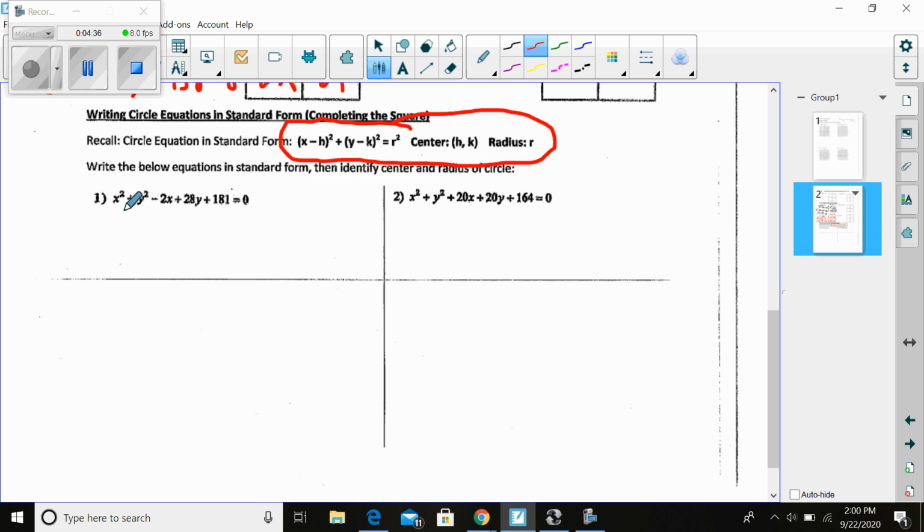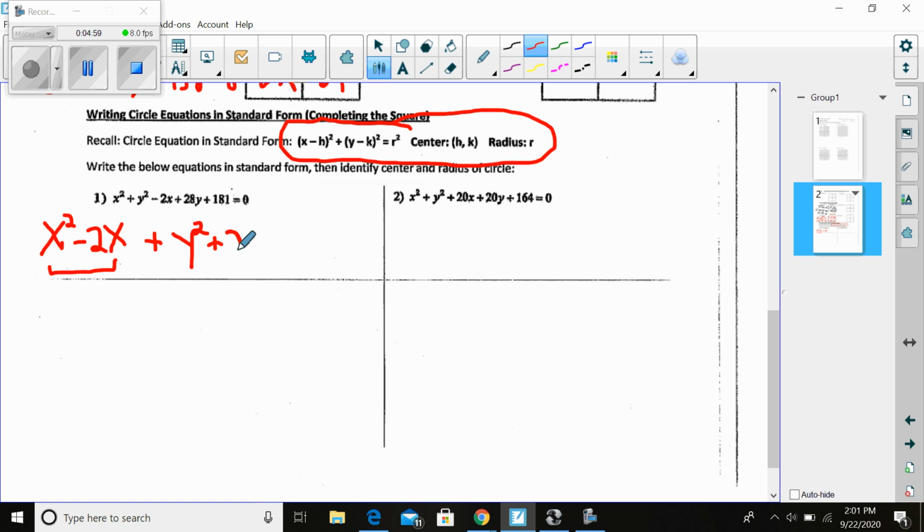So let's do this one together. First thing I recommend is group all your x terms together and then all your y terms together. We're going to have to complete the square twice, once for our x terms, once for our y terms.